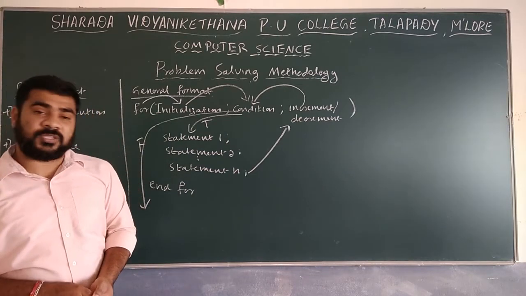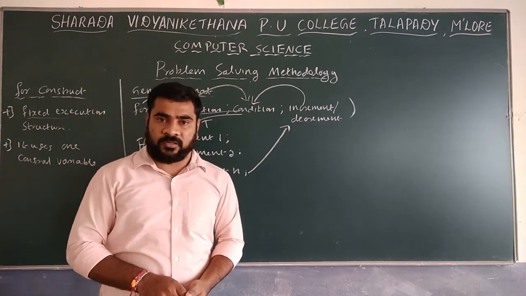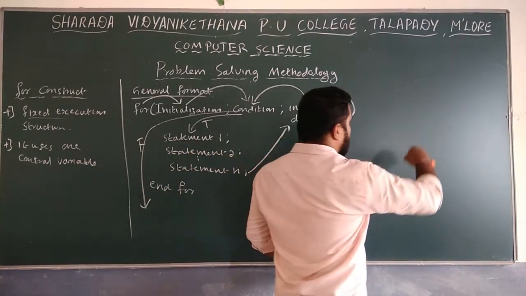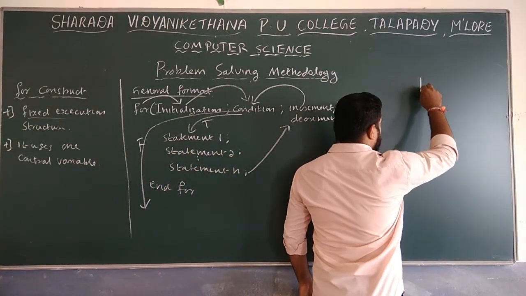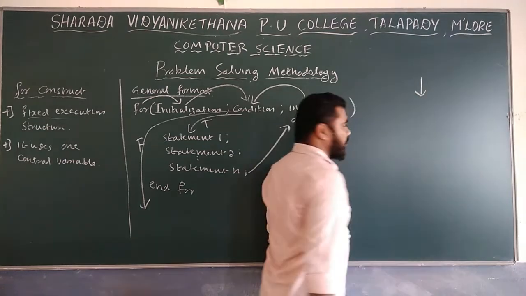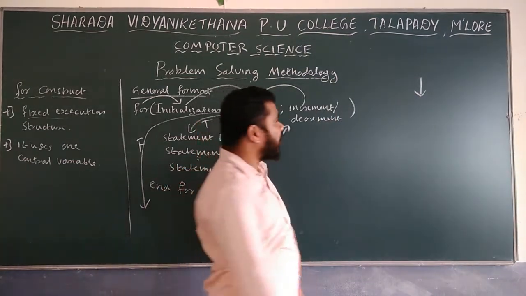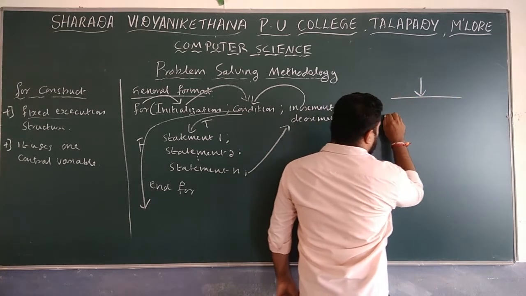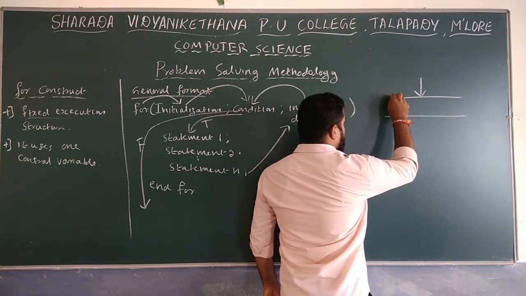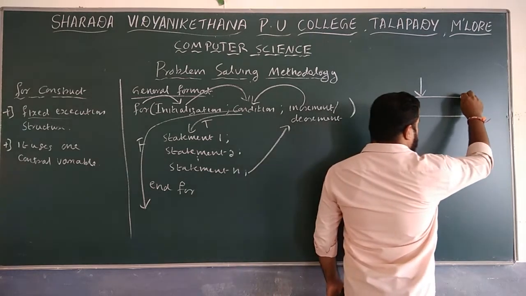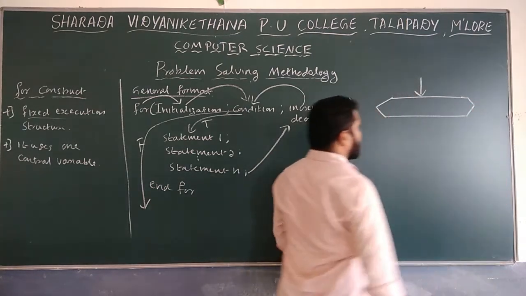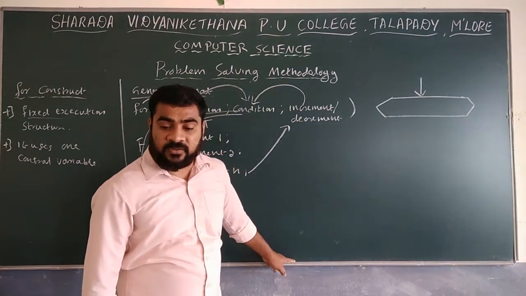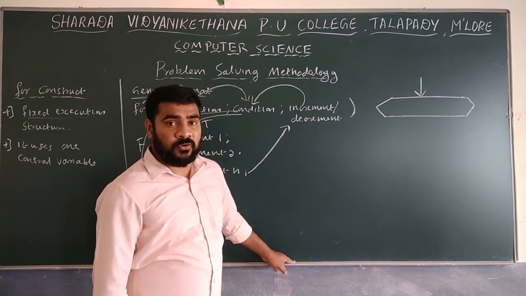Then we will see the flow chart for the for loop. How can you write the flow chart? If you want to write the flow chart, first we should write like this. Then one more special symbol we are using here. I already told, this is the special symbol that is mainly used in case of for loop.